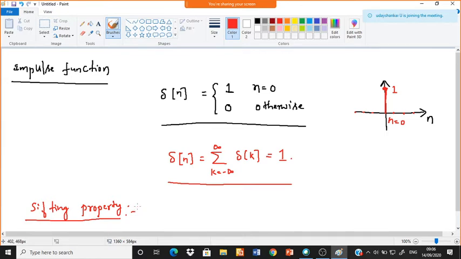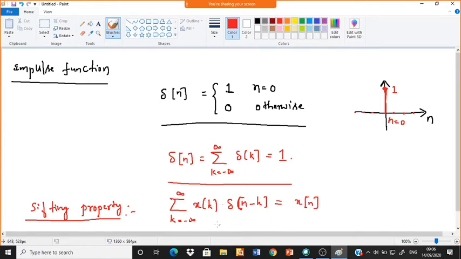We can define it in terms of summation, sigma k equal to minus infinity to plus infinity. For example, if you take any signal x of n and multiply it with the del function, which is a shifted version, that will be given as x of n.